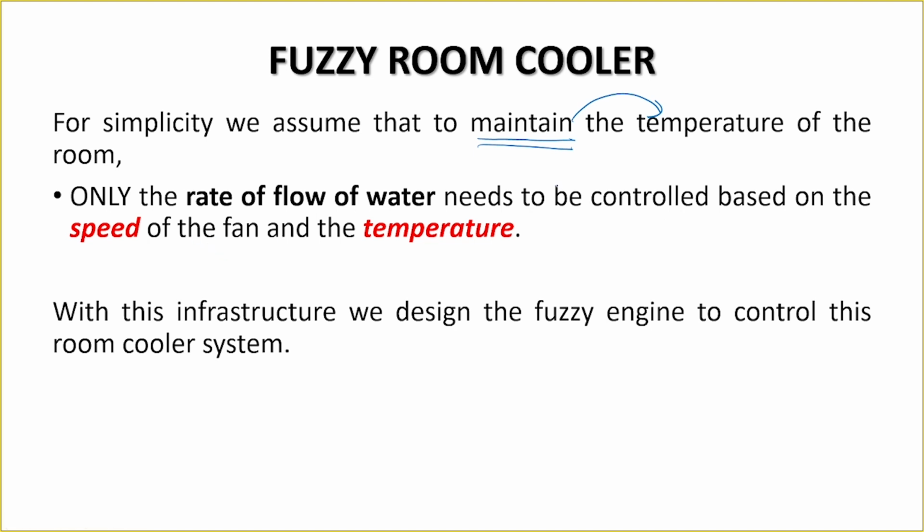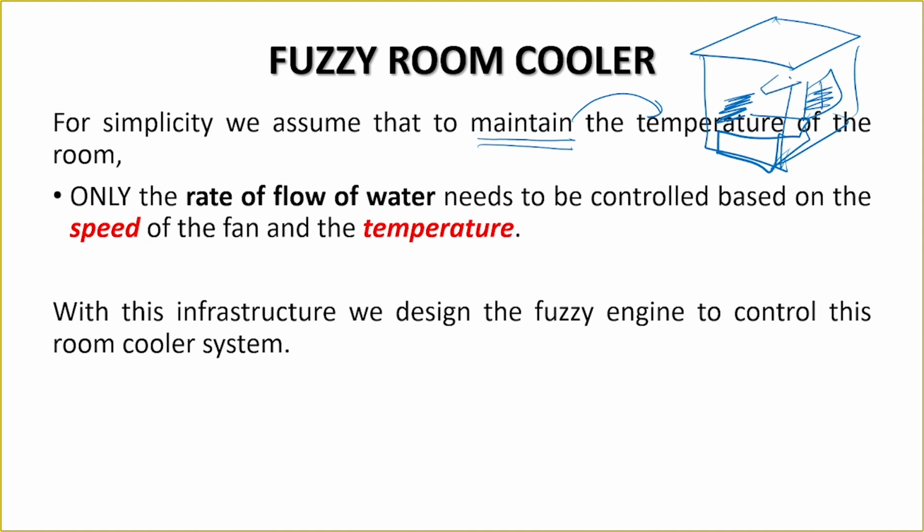Now, in order to maintain the temperature in one cube room, imagine this is the bed, this is the window, this is the table for study, and this is the desktop, and so on. This is the aircon, cooling this one.